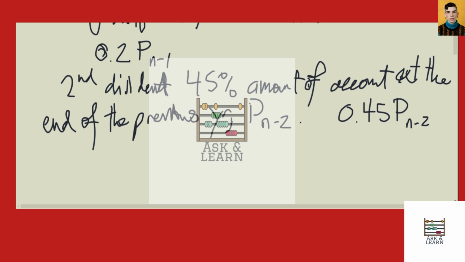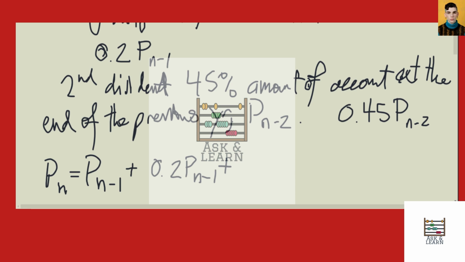And so, considering the three different cases, we have that Pn can be equal to, in the first case, just Pn minus 1. In the second case, we could have just the first dividend, so 0.2 Pn minus 1.